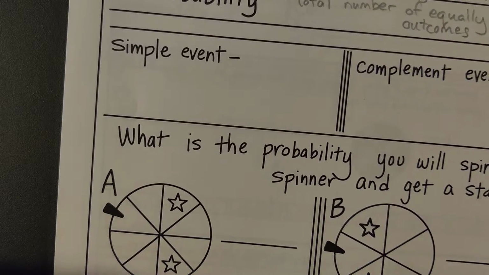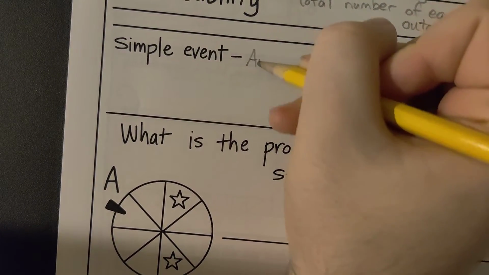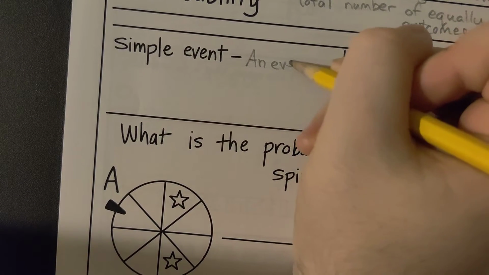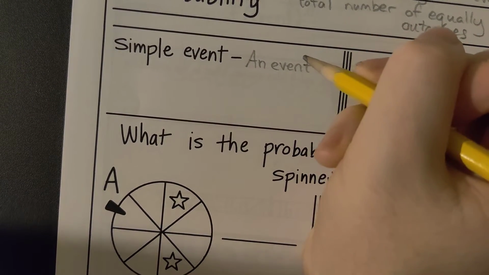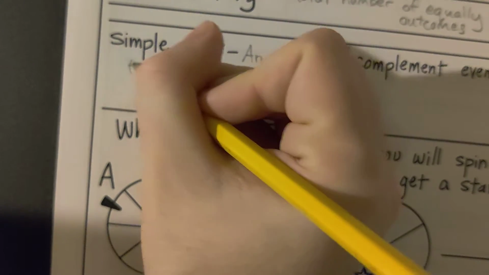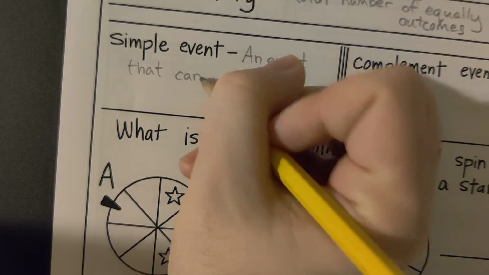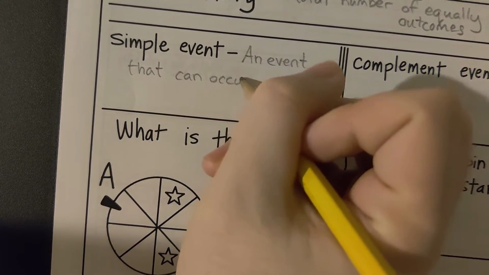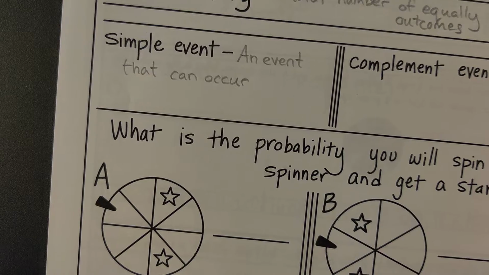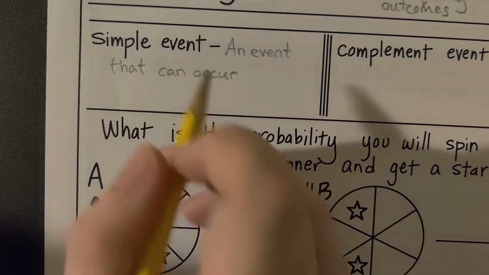A simple event is an event that can occur. I guess it's just not crazy about this definition.